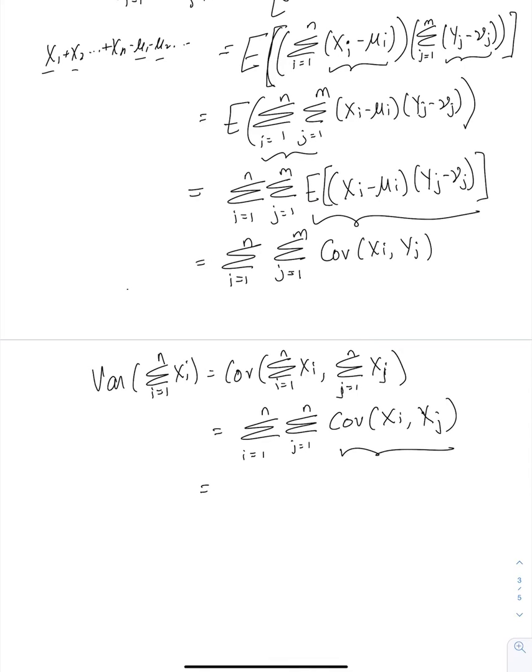All right, and what do we have over here? We're doing a double sum of covariance xi, xj. So think about it. What are you having? You'll have x1, x1, x1, x2, blah, blah, blah, all the way till x1, xn. Then you'll have x2, x1, x2, x2, blah, blah, blah, all the way till x2, xn, and so on. So that's what will be there in this double sum. That's why we're calling it a double sum.